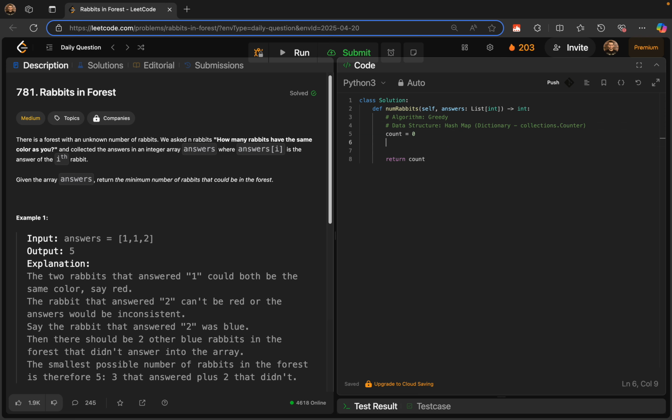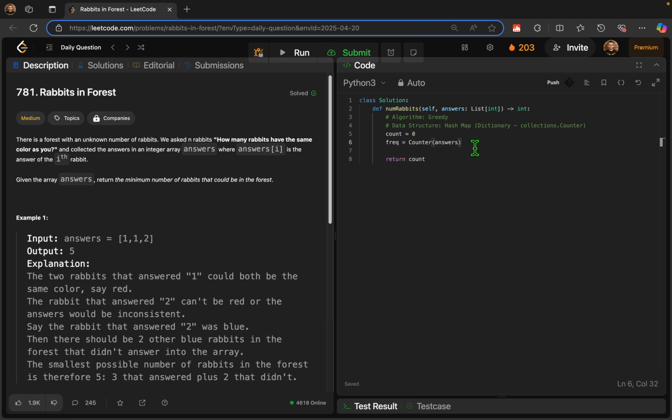So we have our count, which represents how many bunnies we found so far. Next, we will look for frequency. Our frequency will be equal to the counter of answers.